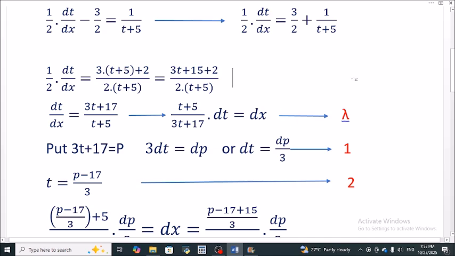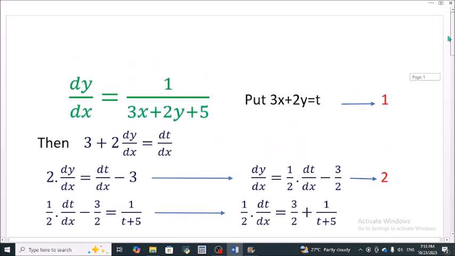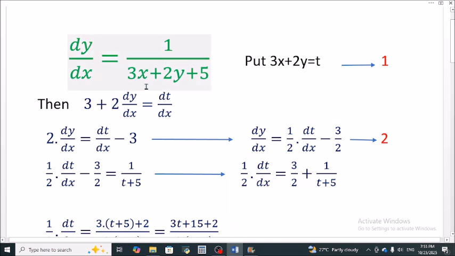Here we have to use substitution for the second time. To solve this integration, the first time we used a substitution to get rid of the y by assuming this whole quantity to be equal to t.